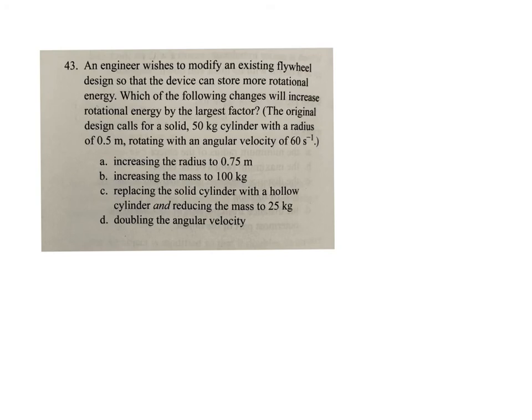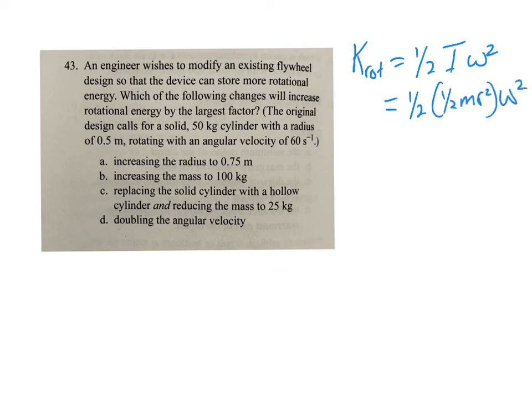Let's make up a formula for the rotational energy initially. The rotational energy initially is going to be equal to 1/2 I omega squared. But the I for a solid cylinder is 1/2 mr squared, so 1/2 times 1/2 mr squared times omega squared.